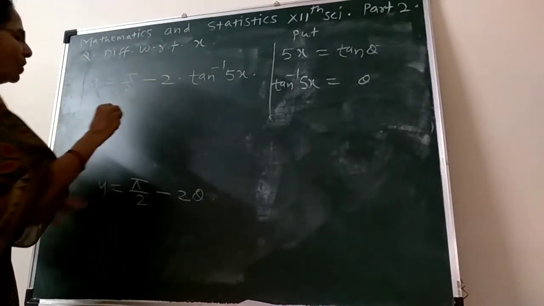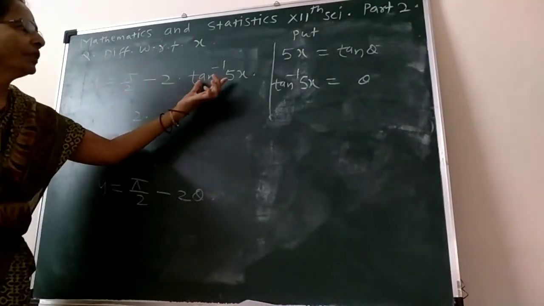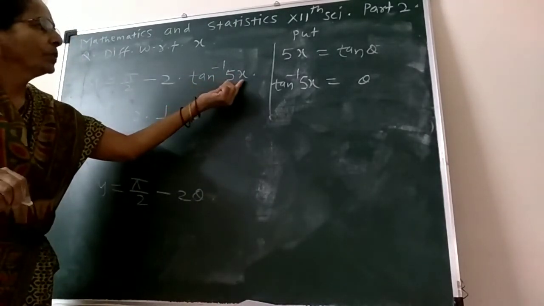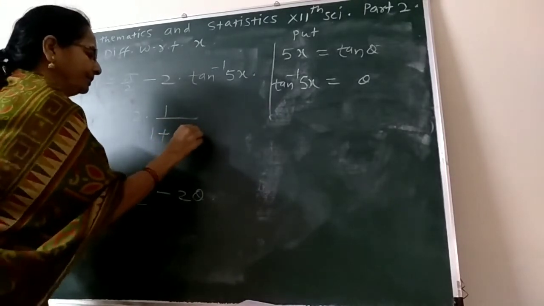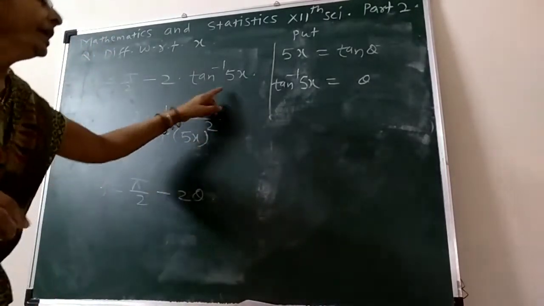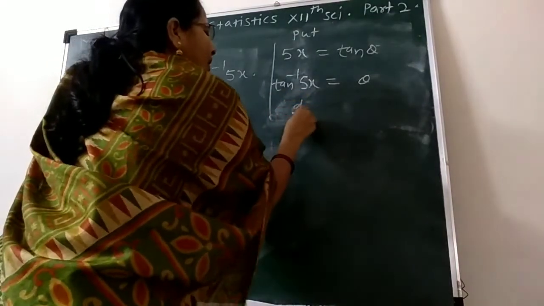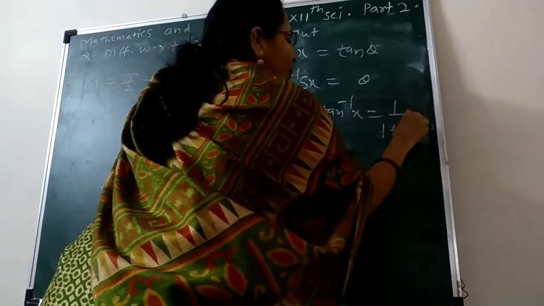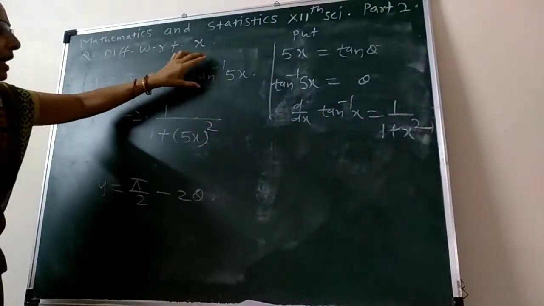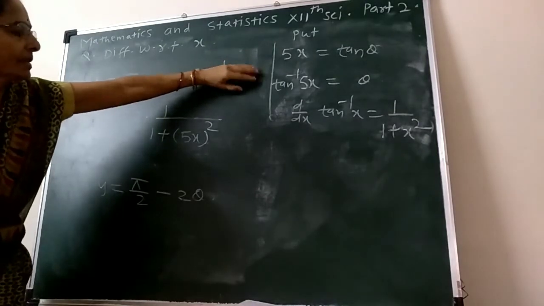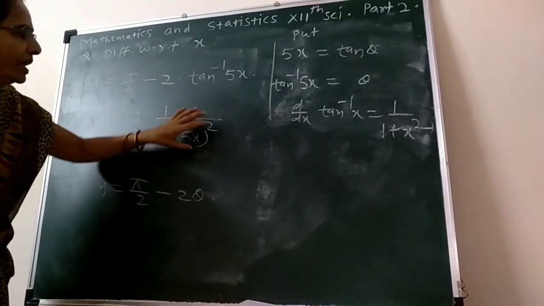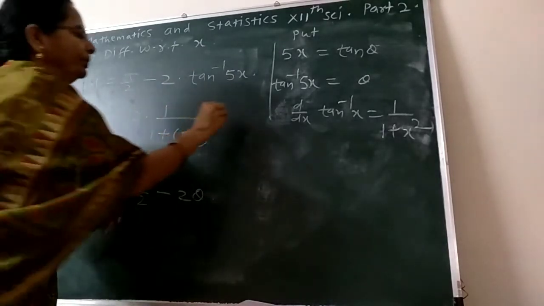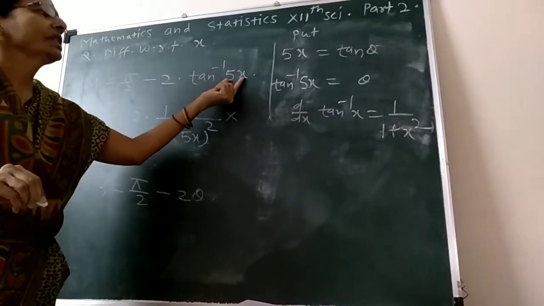Here minus 2 is a constant into the derivative of tan inverse 5x, which is 1 upon 1 plus 5x bracket square, into the derivative of 5x, which is 5.